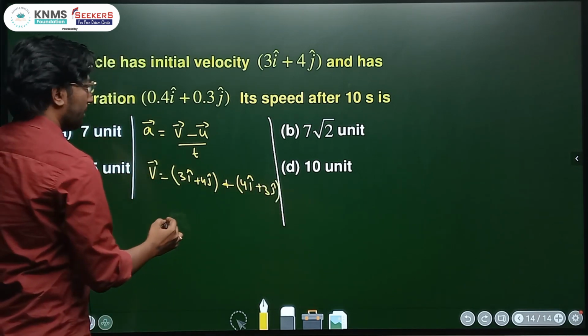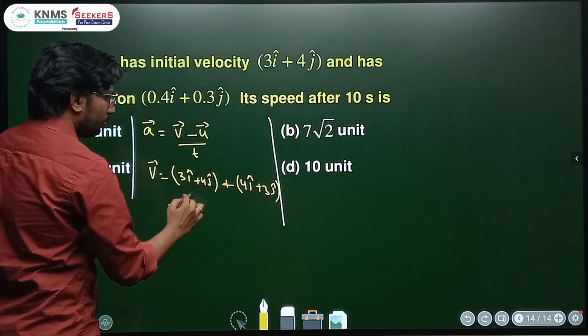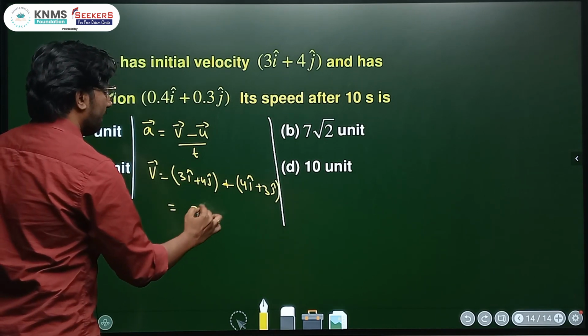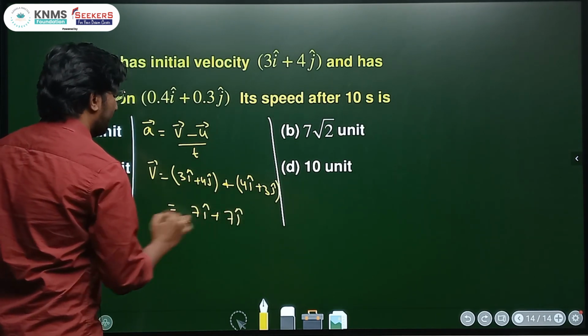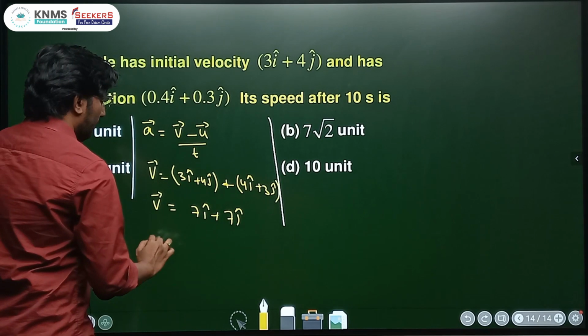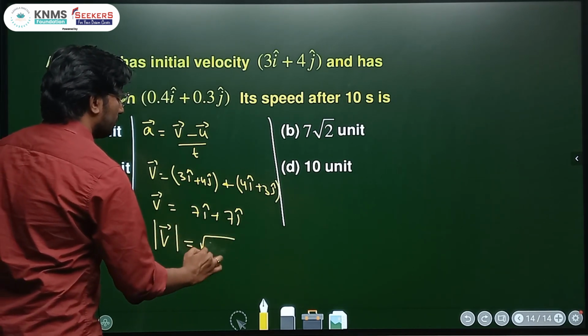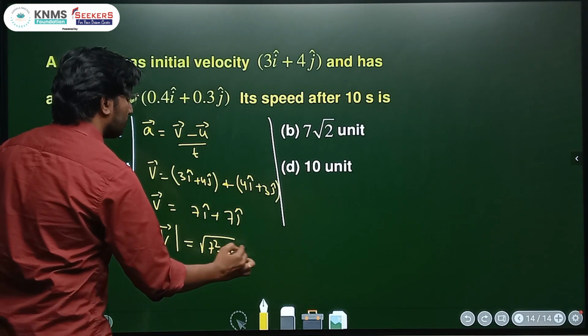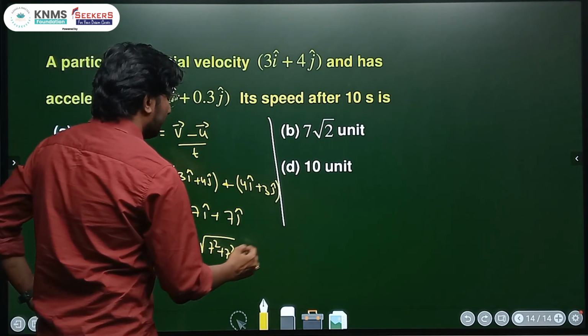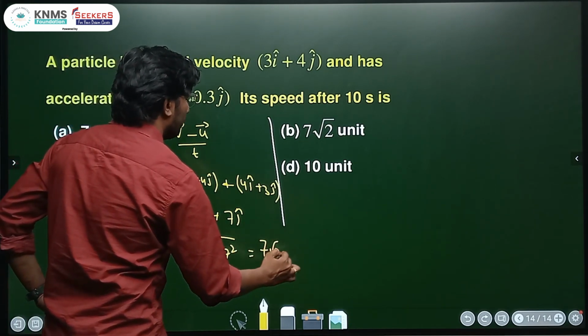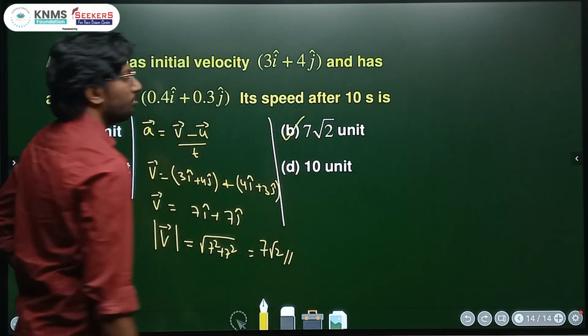So over here you get a total of 7 i cap plus 7 j cap. That is the velocity, and its magnitude, which will be the speed, is root of 7 square plus 7 square, or we can just write it as 7 root 2, and the answer is B.